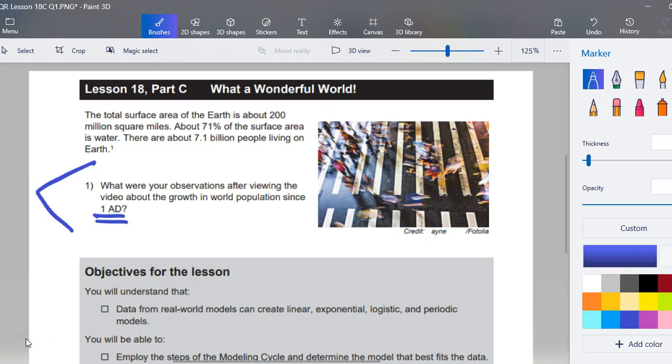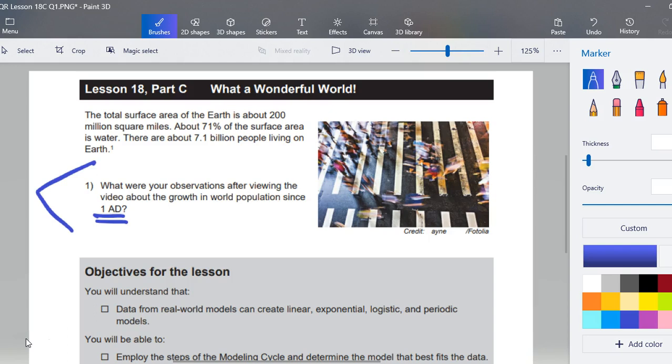So like I was saying, this would be a good time for you to hit pause and to talk to somebody around you or take a moment and reflect on your thoughts about the M&Ms, the die, this video that you saw, and the population growth, and how can we simulate that or other events. This is a great time to stop and think about that.